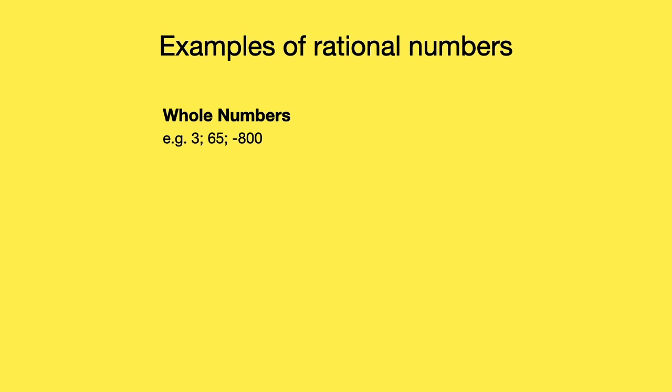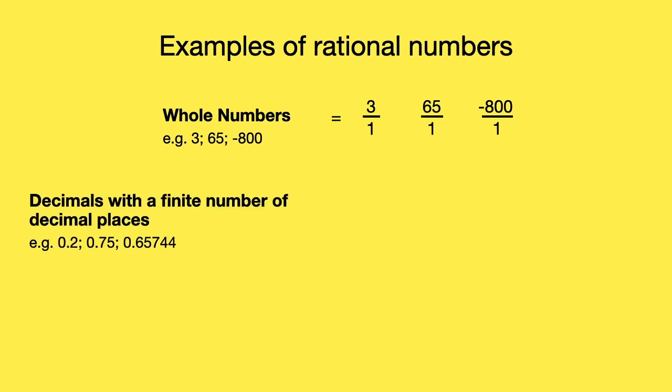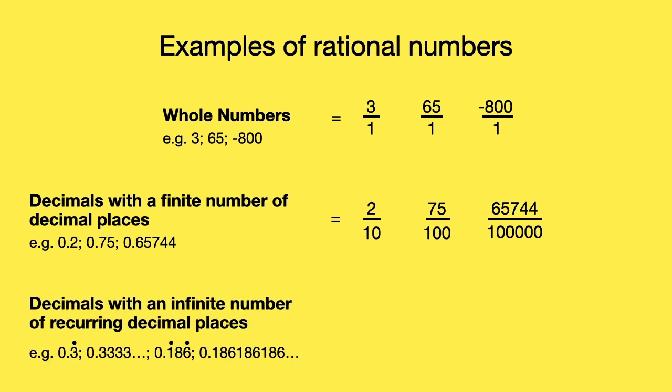So anything that's a whole number can be defined like that, with just divided by 1. Decimals with a finite number of decimal places, and those examples on the left can be defined as those on the right. And finally, decimals with an infinite number of recurring decimal places. A common example would be a third, which would be 0.3 recurring. And that's going to be defined by 1 divided by 3.